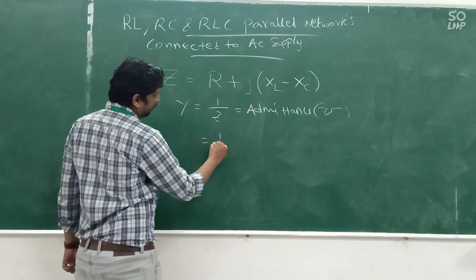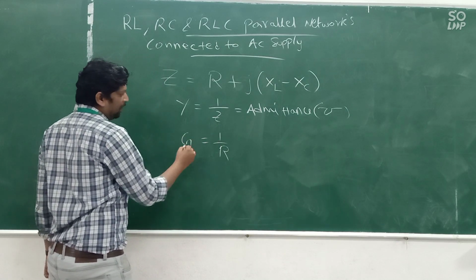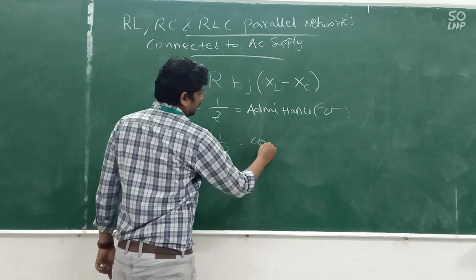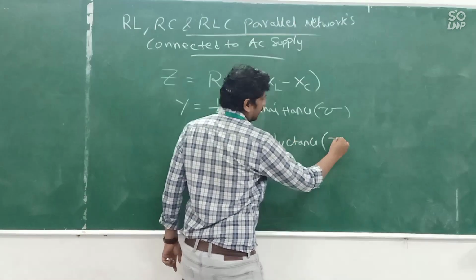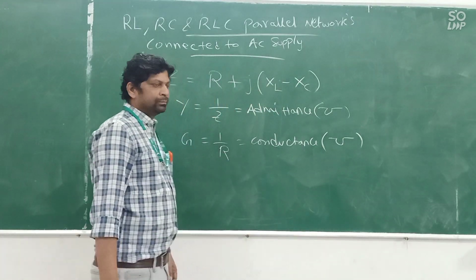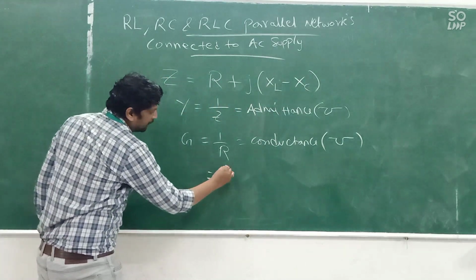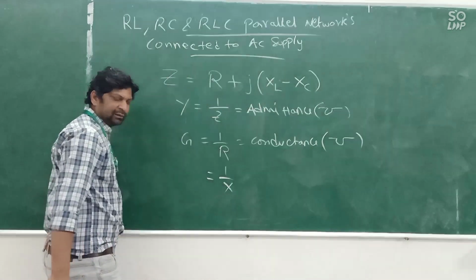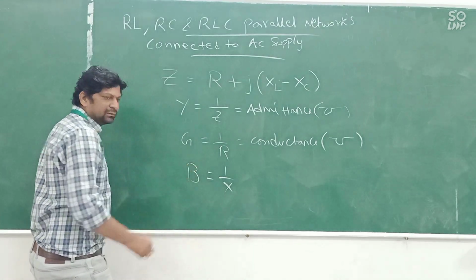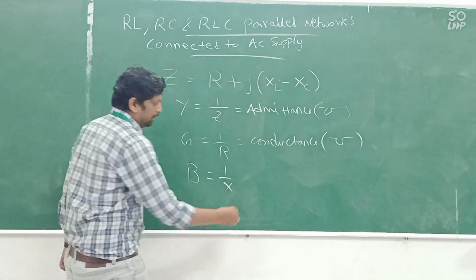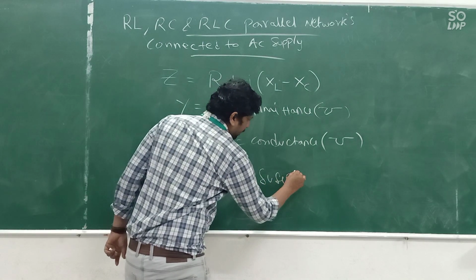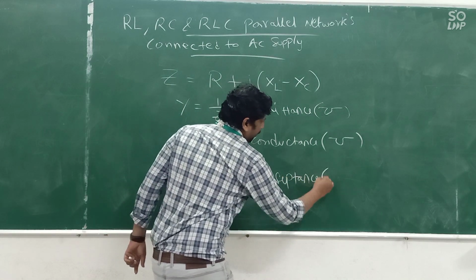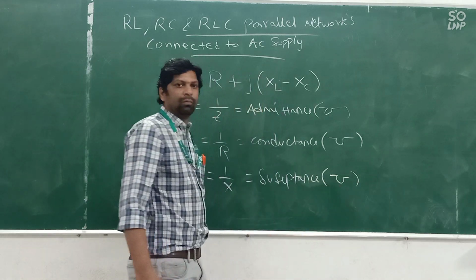The reciprocal of resistance is called conductance. The units are mho. The reciprocal of reactance is called susceptance, which is nothing but B. The units are mho.